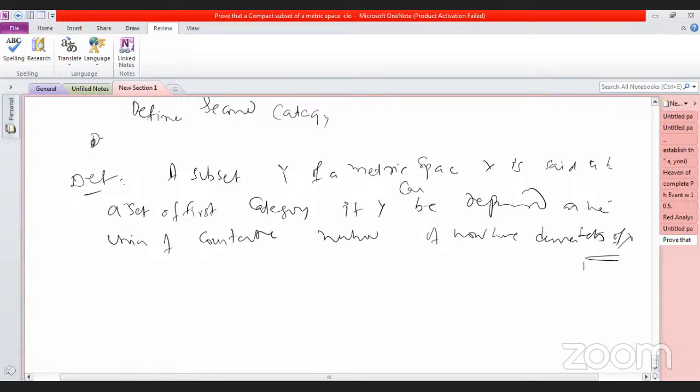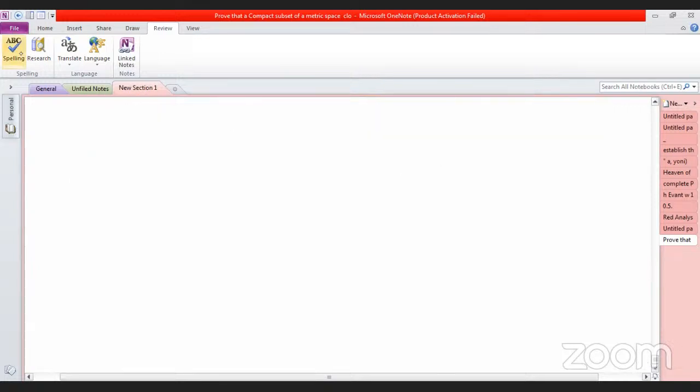Otherwise, y is said to be a set of second category. యూనియన్ కానప్పుడు ఇది సెకండ్ కేటగిరీ అవుతుంది.